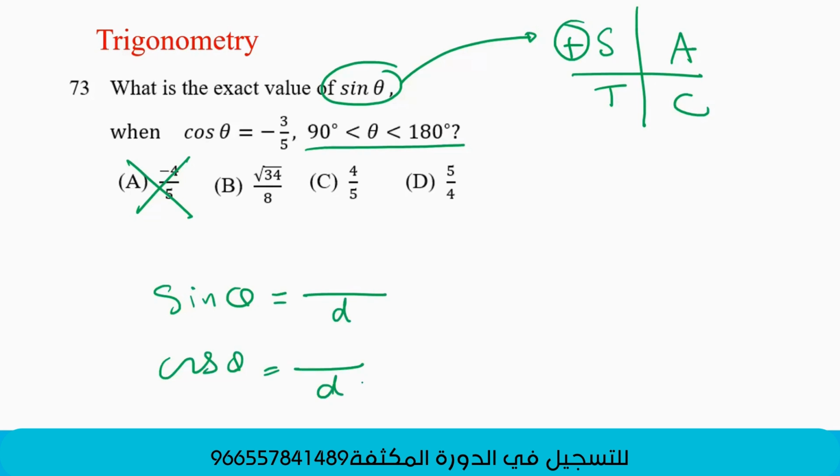The denominator of sine and cosine are the same in this type of problems, isn't it? So good. Since the denominators are the same, the denominator here is 5. So the answer is going to be this one. Do you see how easy it is?